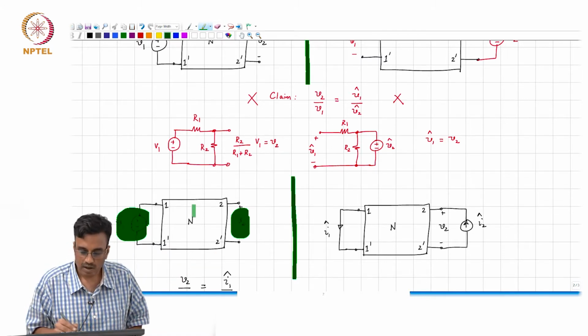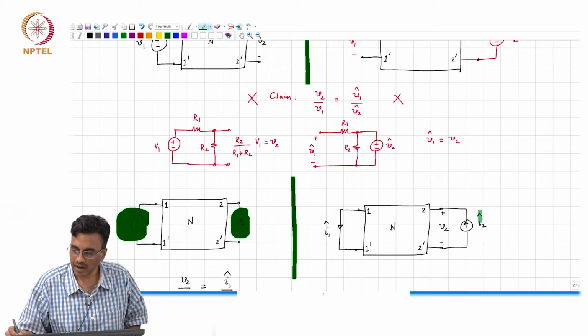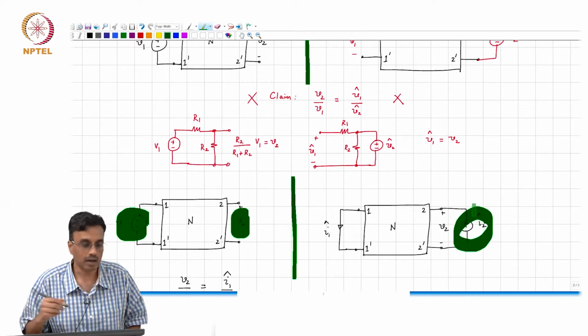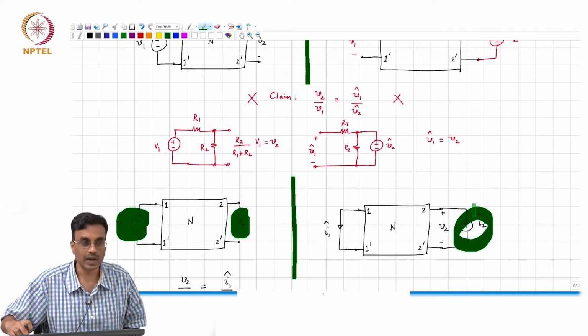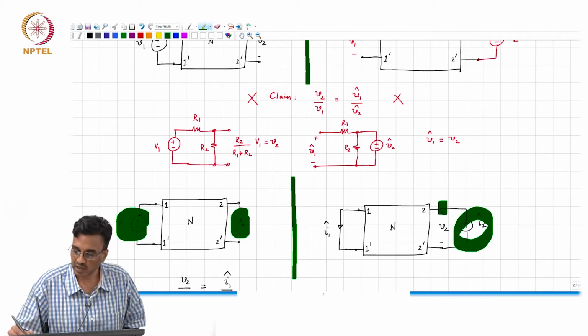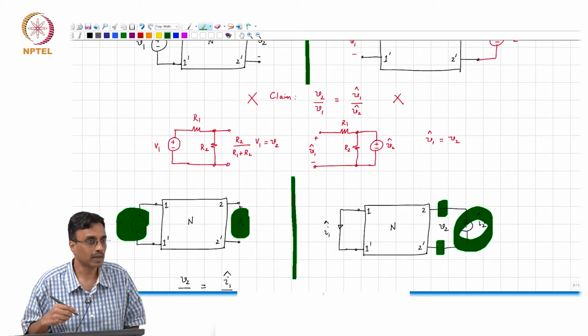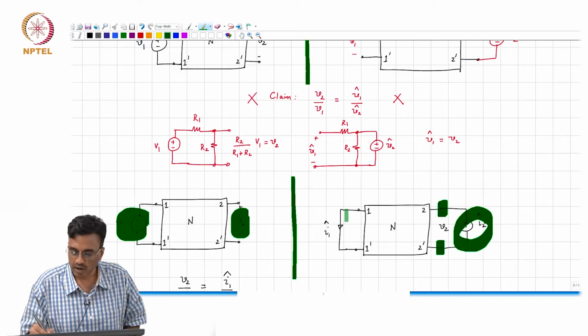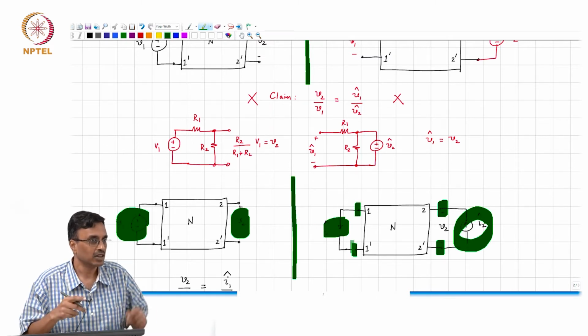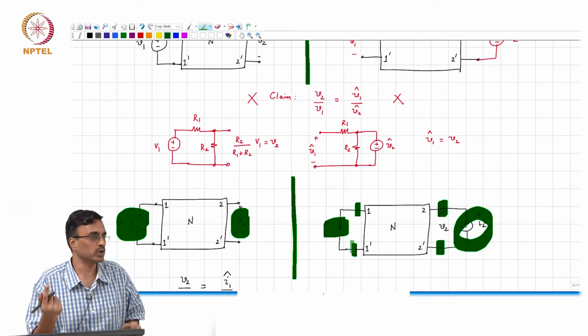On the other hand, if I apply I2 hat here, there's some voltage developing, with this terminal greater than this terminal. So in the absence of a short, you would expect that this voltage would be larger than this voltage, correct? So the moment you make the short circuit, current flows which way?